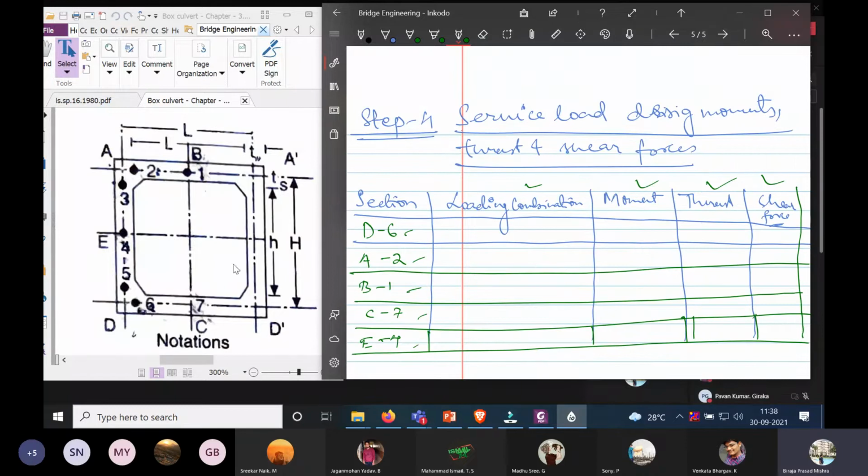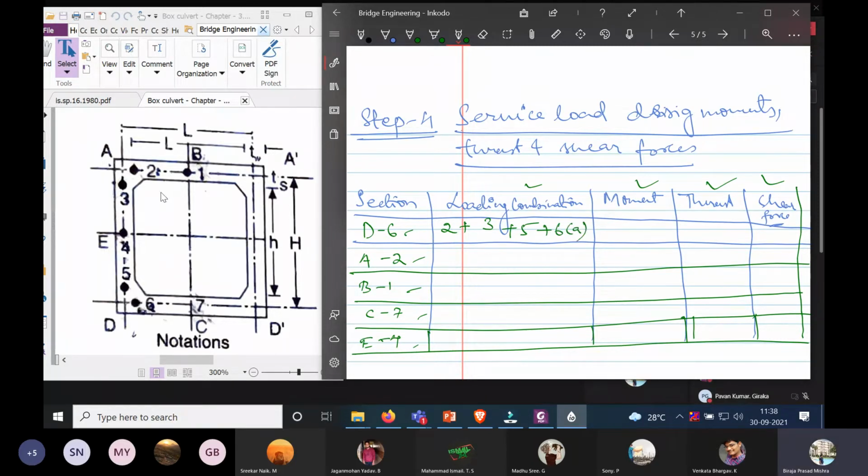Okay, so in D6, let us say I take the combination of load case 2 plus load case 3, plus load case 5, that is the intensity of soil pressure, and load case 6A.